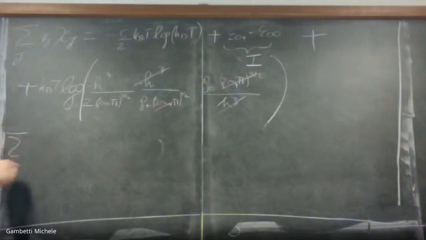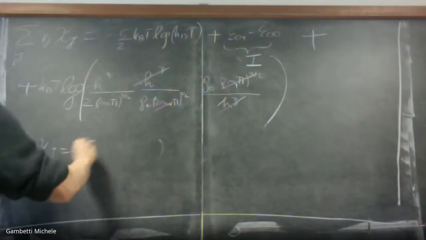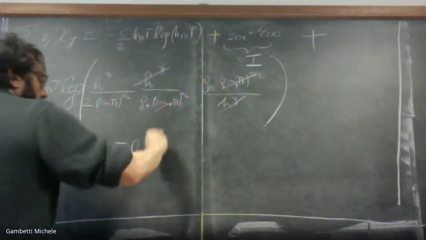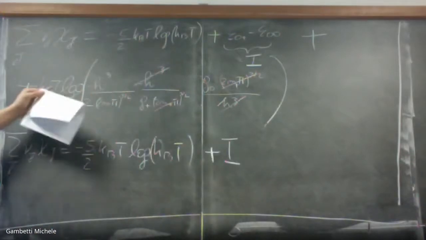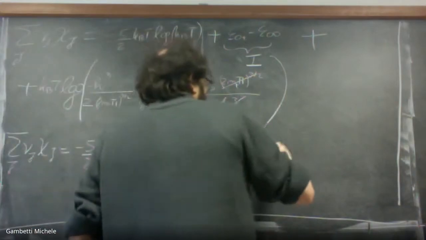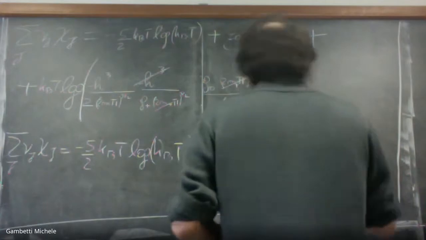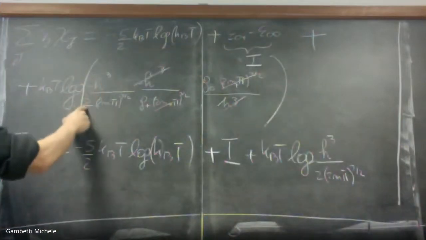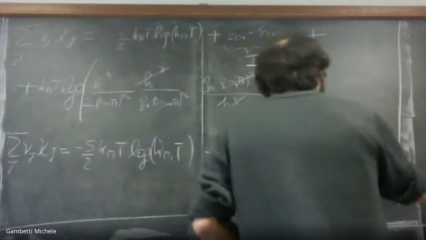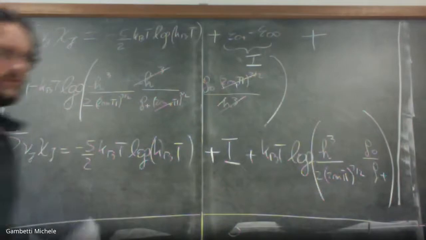So at the end, the sum over j of mu j chi j is equal to minus 5 divided by 2 kBT log of kBT, plus the ionization energy I, and then this additional factor, plus kBT log of h cubed, and there is a 2m pi 3/2, and then the ratio between the degeneracy G0 and G plus. And I think I have everything there.